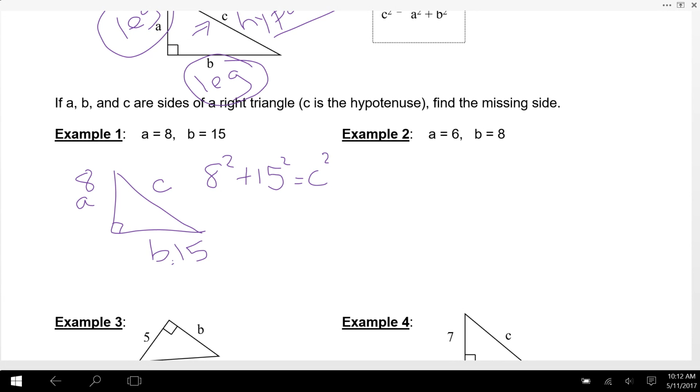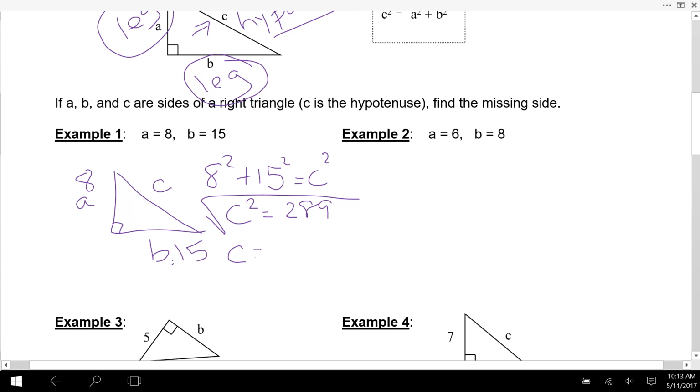If I add those together, I get 289. Now I have to take the square root of everything. C equals the square root of 289, which happens to be 17. So 8 squared plus 15 squared equals 17 squared. So my hypotenuse is 17.